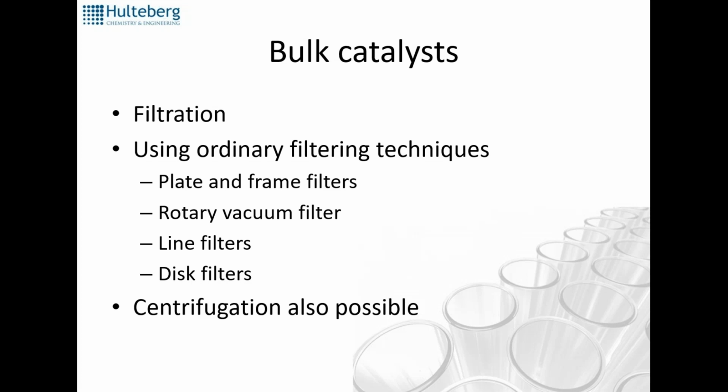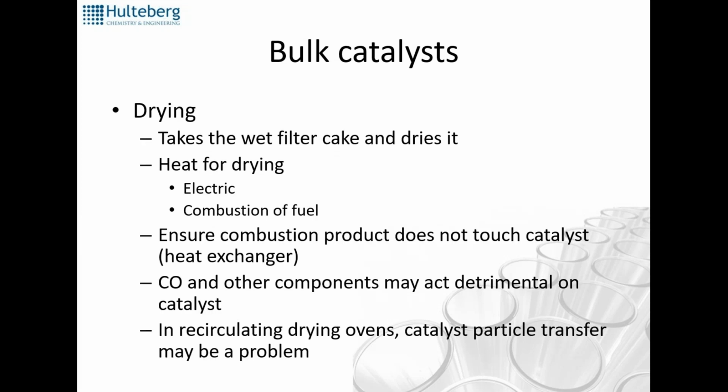Next thing is to take the filter cake. So we end up with less wet material, and we need to remove the water from it. So the thing that we do is drying, of course. The heat that we supply for the drying can be either electric, that's what we use, or it can be from the combustion of a fuel, normally natural gas.